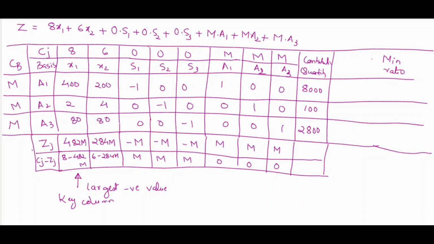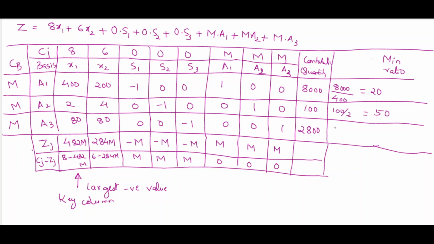Now the role of the contribution quantity begins: 8,000. How do we determine the minimum ratio? The name itself is minimum ratio. It is equal to the contribution quantity divided by the key column value of that row. For the first row it is 400, so 8,000 divided by 400 gives 20. Similarly, 100 divided by 2 is 50.